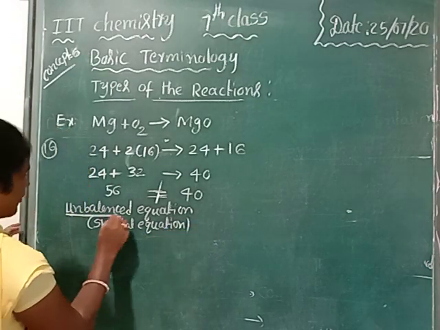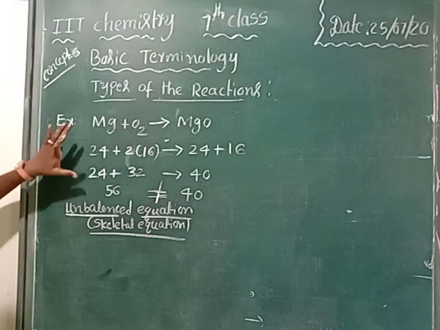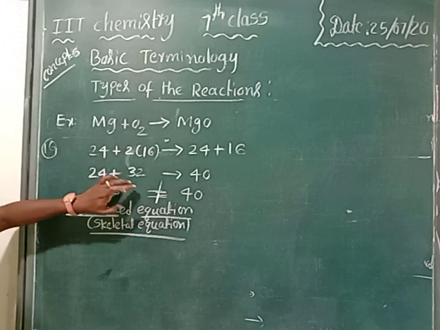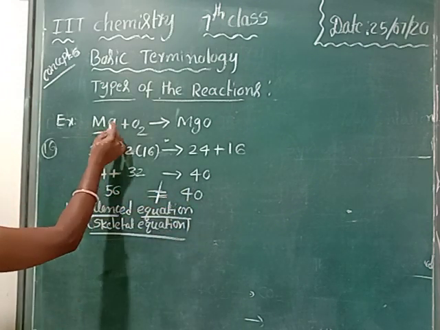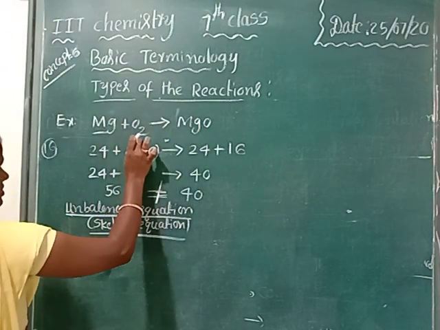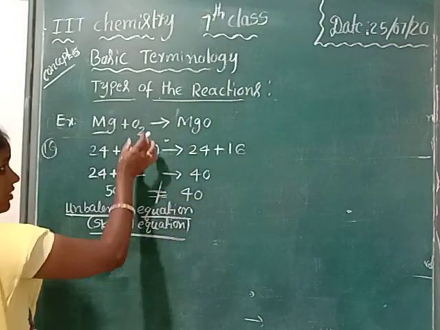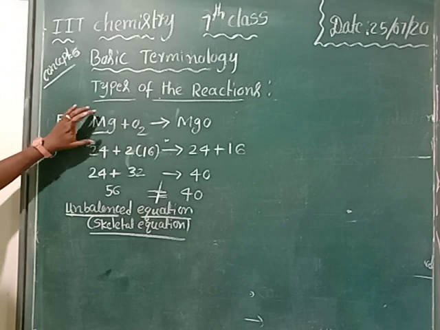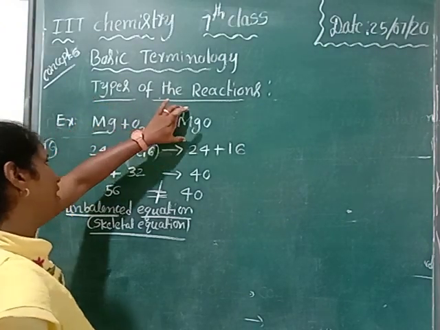What is the definition of an unbalanced equation? Okay, this is an unbalanced equation. See once here, how many magnesium are there? 1 magnesium, balanced. Here how many oxygens are there, children? 2 oxygens. Here only 1 oxygen. So this is unbalanced, as the product side does not have equal atoms.